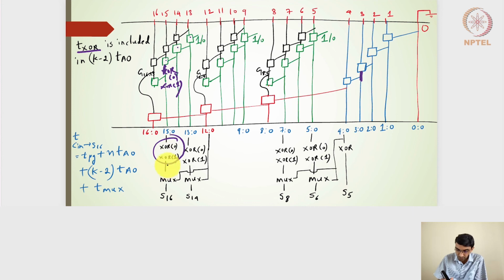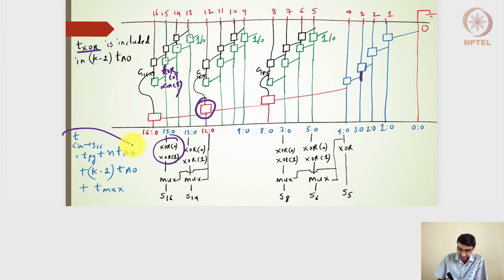The pair of XOR gates will deliver the output here much earlier than this particular red box output. And that is the reason why the critical path doesn't include the XOR gate. So the critical path involves these 4 blue boxes, 2 red boxes, and then the multiplexer.